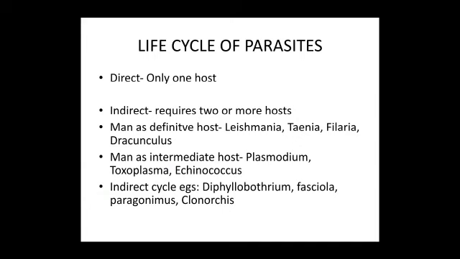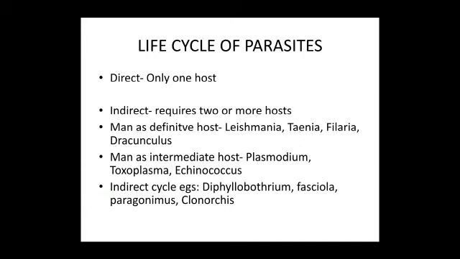Among the protozoa, examples are Entamoeba histolytica, Giardia, Trichomonas, etc. Among the helminths you have the cestodes like Hymenolepis nana, and nematodes. Most nematodes, for example Ascaris, hookworm, Enterobius, Trichuris and Strongyloides, have man as the single source of infection, and the whole life cycle takes place only in man.